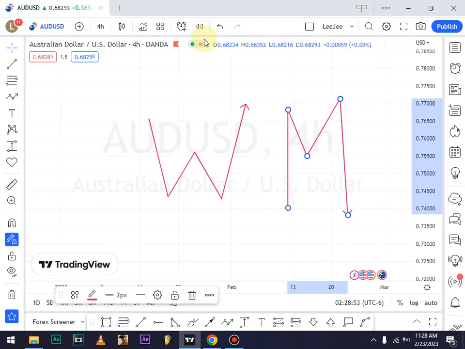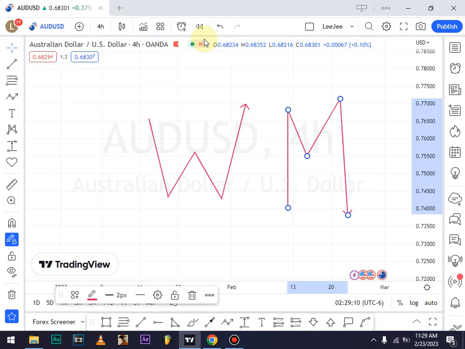All right, so let's continue. So what's a double bottom? The double bottom pattern forms when two price bottoms are positioned at relatively the same level while a neckline acts as a resistance.